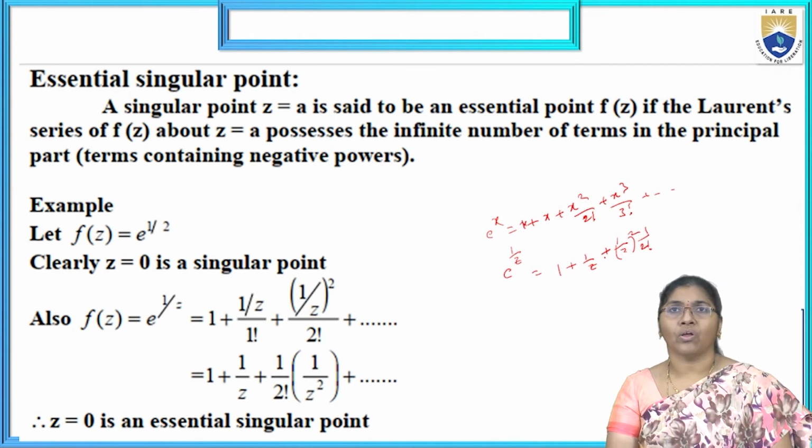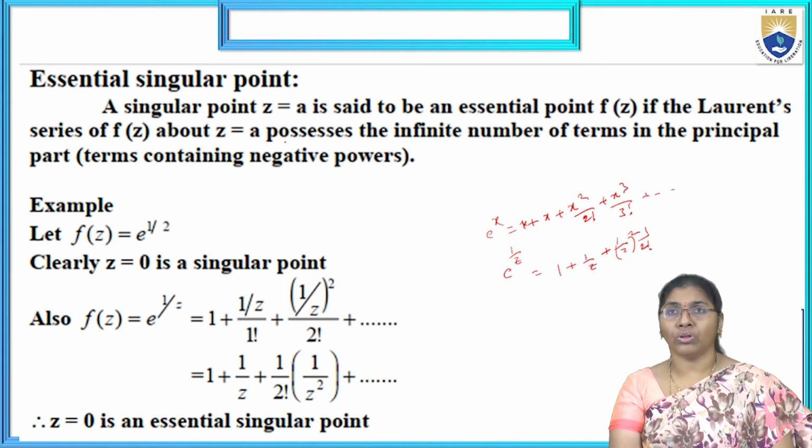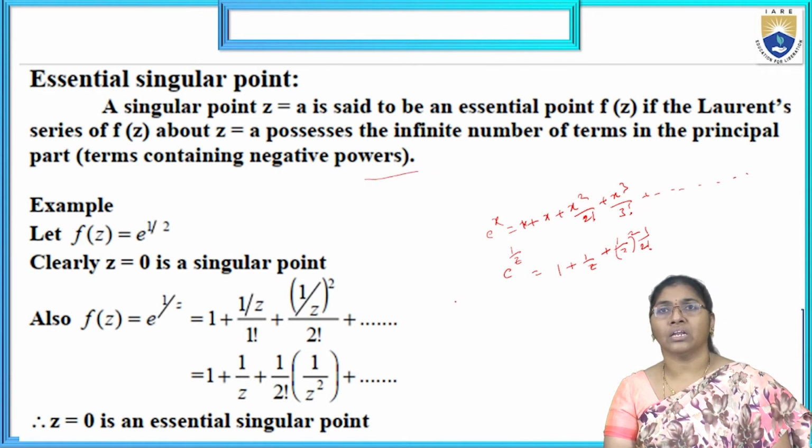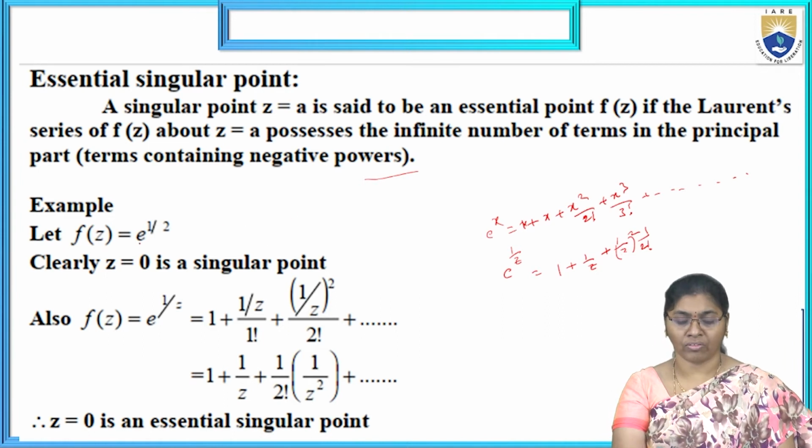Now applying that, the series about z equal to a possesses an infinite number of terms in the principal part, containing negative powers. When infinitely many negative powers appear, it is called an essential singular point. For example, f of z equal to e power 1 by z.